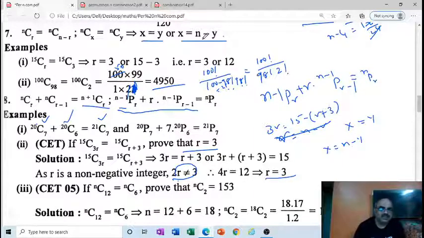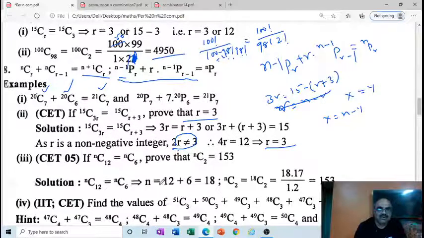One more. See, this is a little easier one, with some more doubts and questions created on it. NC12 equals NC6. Prove that NC2 equals 153. What did they do?